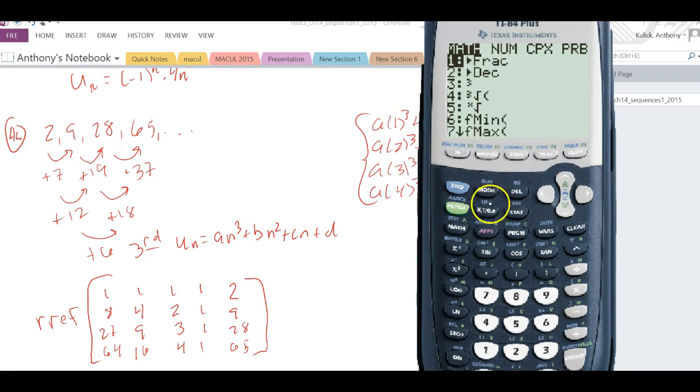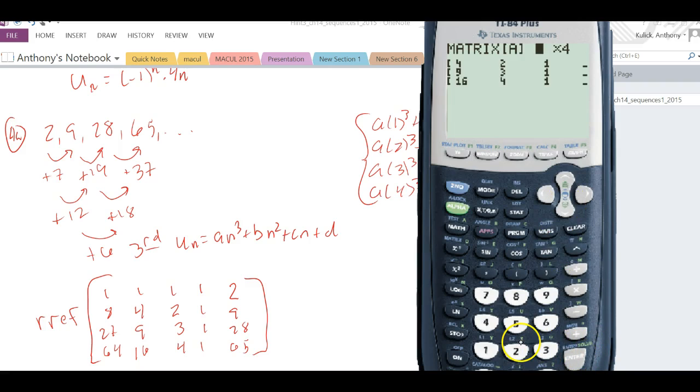So I'm going to press second, matrix, and scroll over to the edit command, and I'm going to type this into matrix A. The system that I have has 4 rows and 5 columns, so I'm going to have a 4 by 5. And now I'm just going to type in exactly what I see.